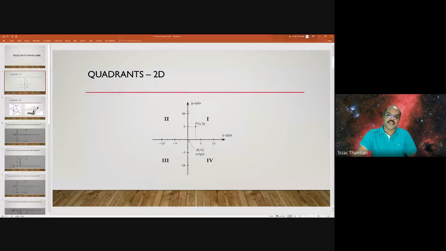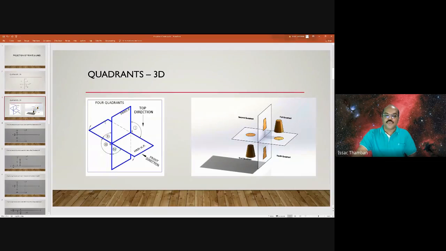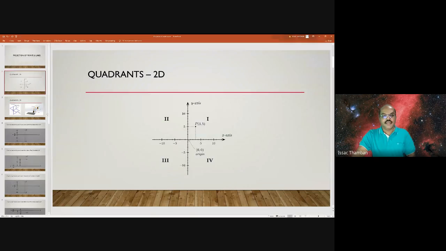In plane geometry, it is intersecting at a point, which we name the origin. But here, we have two reference planes. Instead of axes, we have planes, the horizontal plane and vertical plane. These planes intersect along a line, and this line is known as the XY line. And the XY line is the equivalent of the origin in plane geometry.